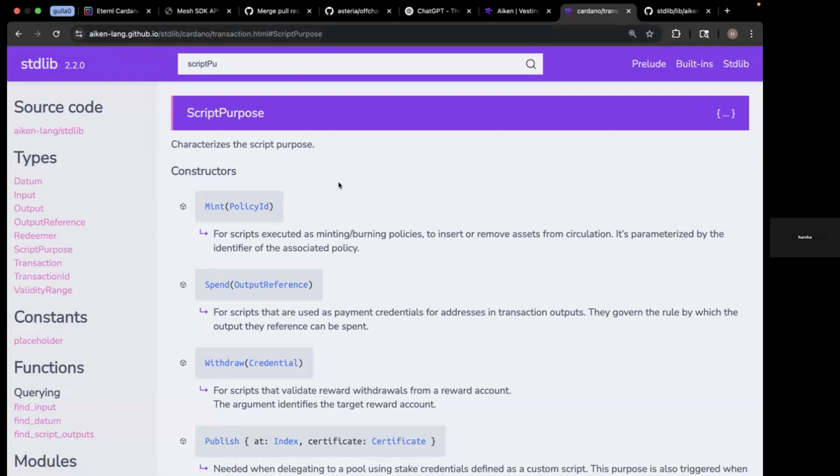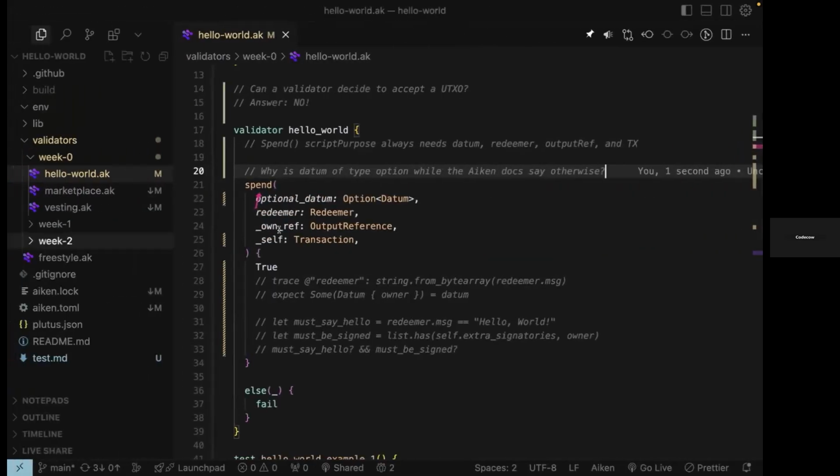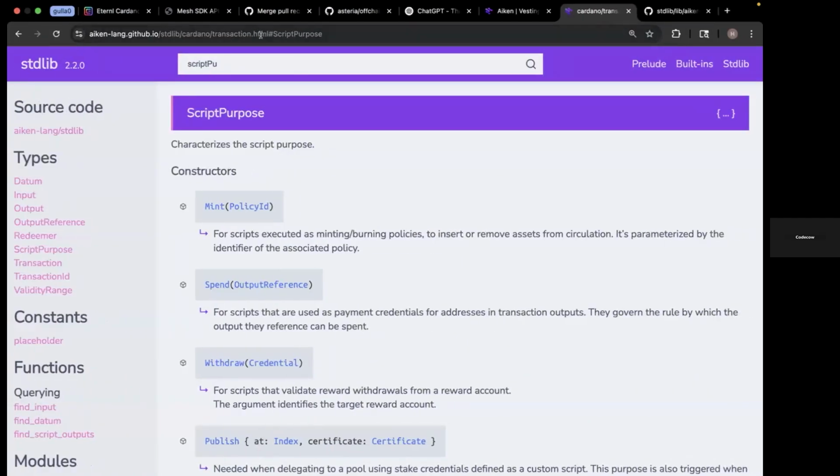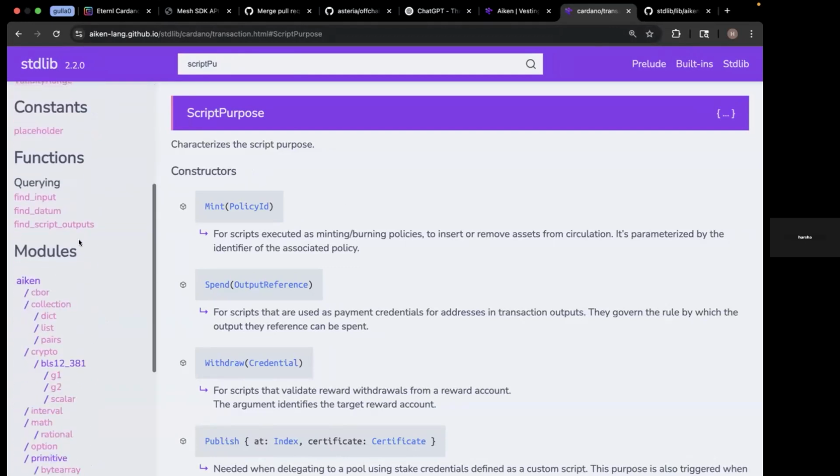Okay, oh, it is in transaction. Those are the types. But again, these are function types. On the left bar, you see it, functions. But this is only three functions. That's all that is. Why?